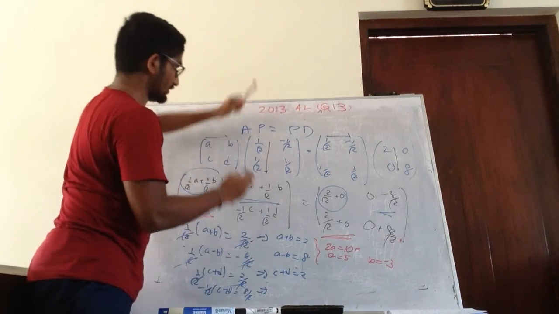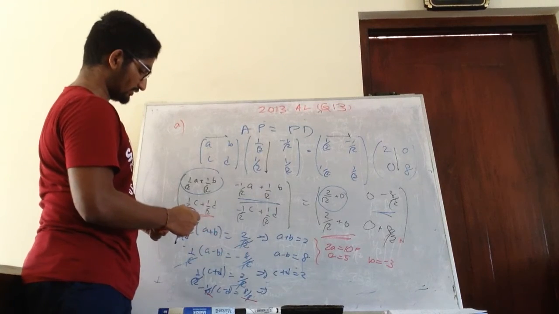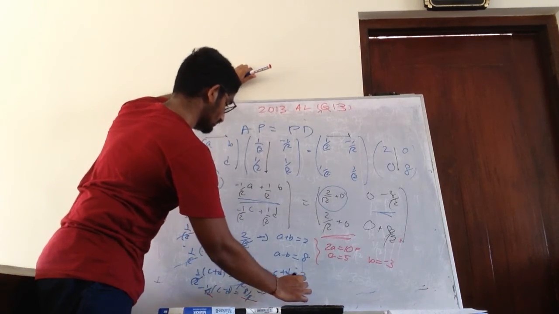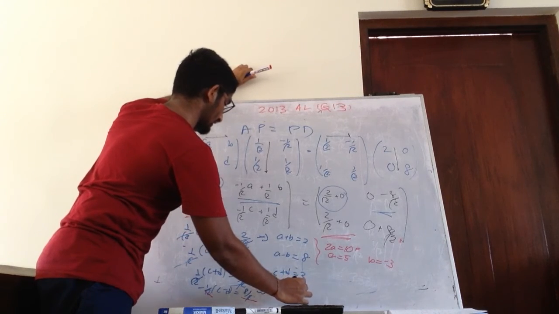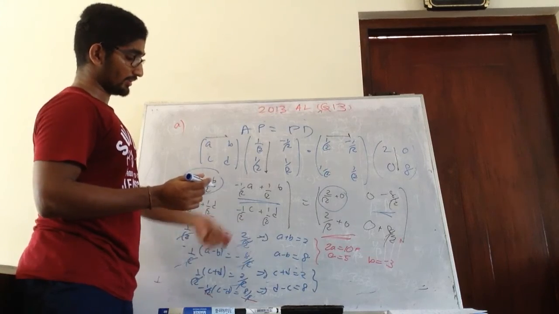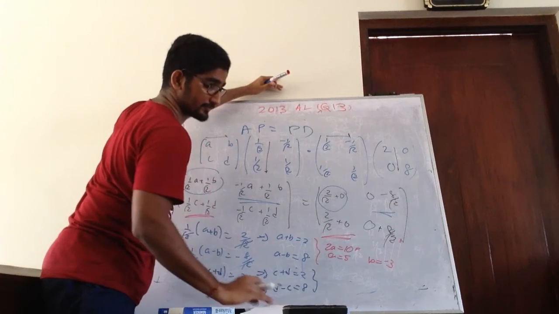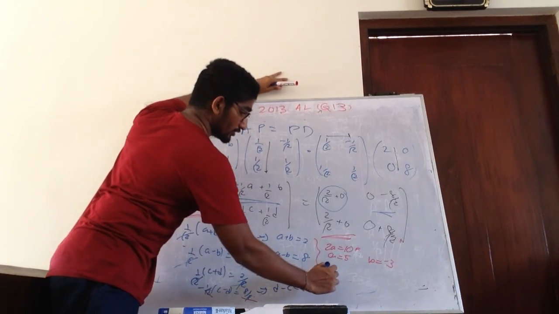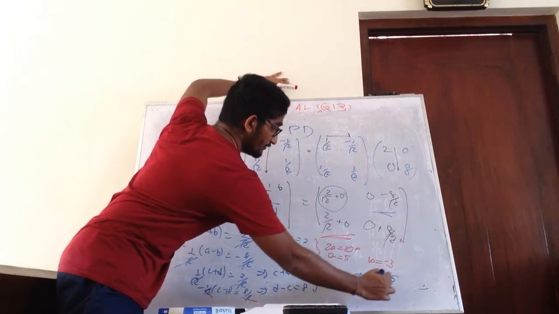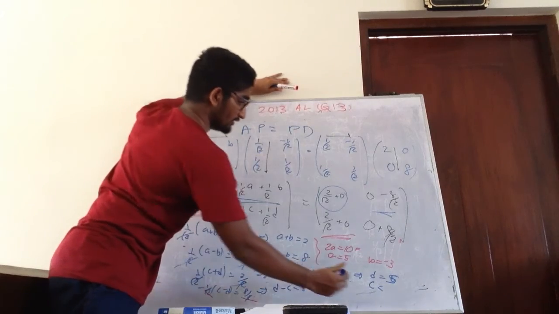These are cancelled off, minus is there, so you will get d minus c equal to 8. From here, 2d equals 10, so d is 5, and c is minus 3.